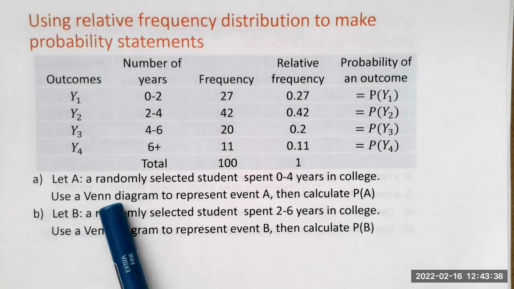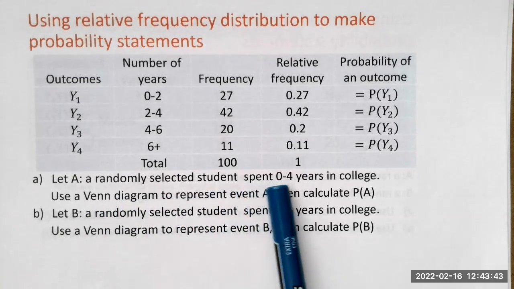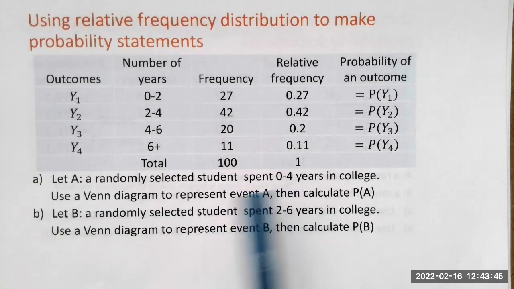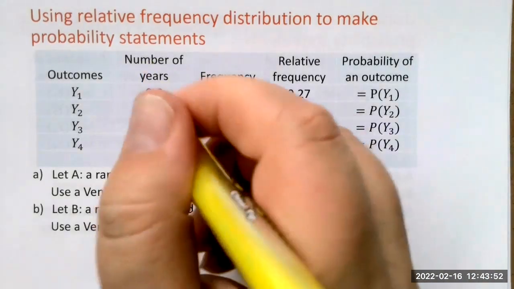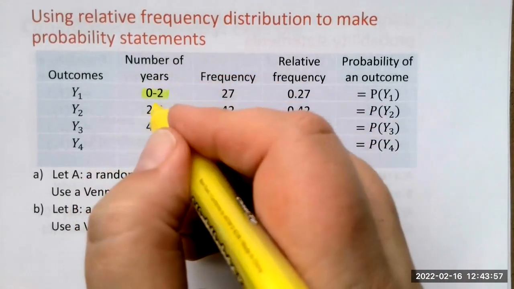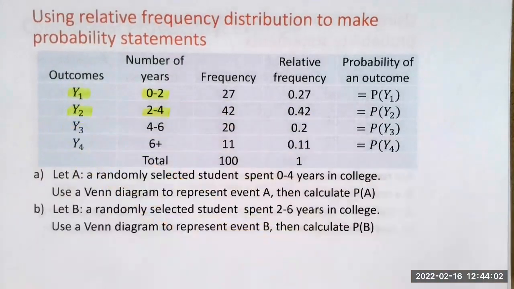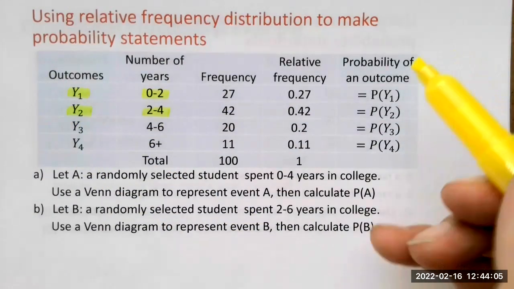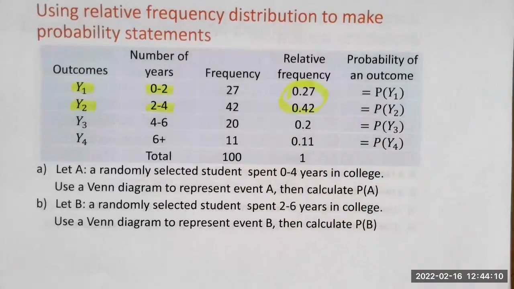So let A be the event that a randomly selected student spends 0 to 4 years in college. Use a Venn diagram to represent the event A. So 0 to 4 would include between 0 and 2 and 2 to 4. So that would include outcome Y1 and outcome Y2. So the probability would be basically a combination of these two.